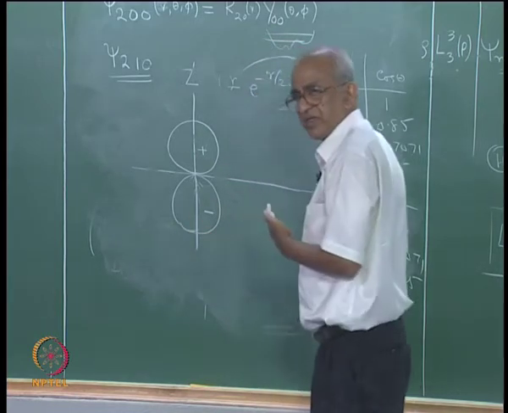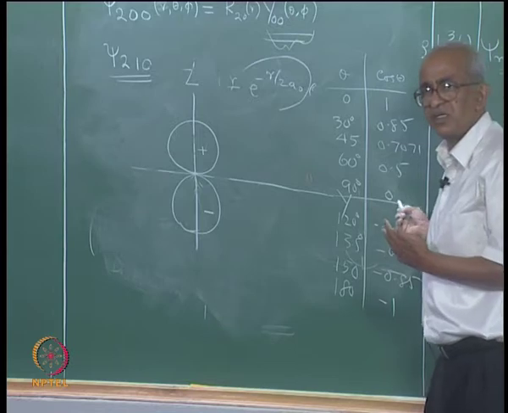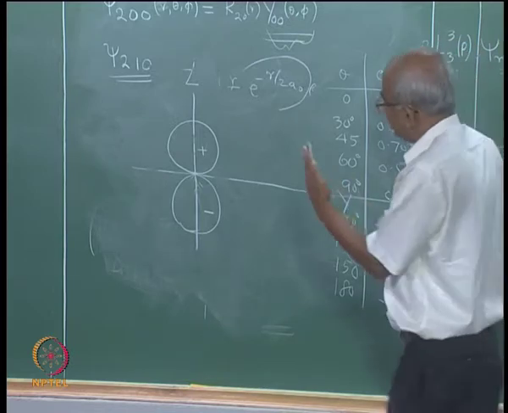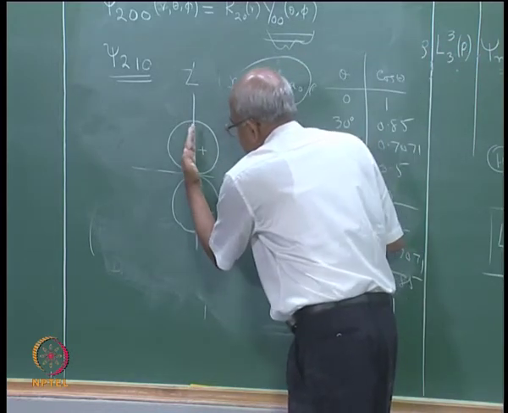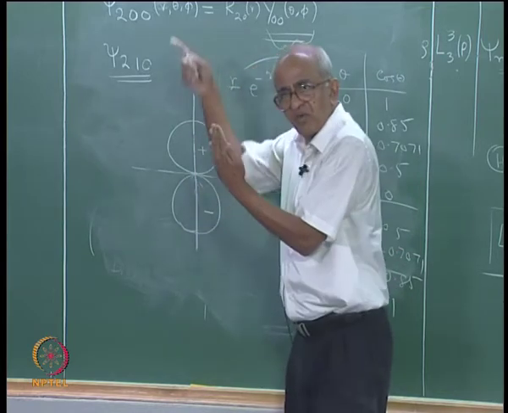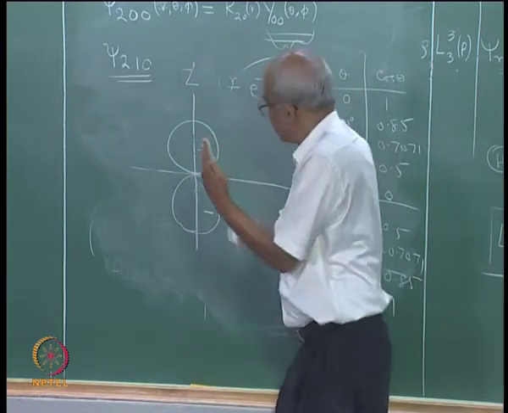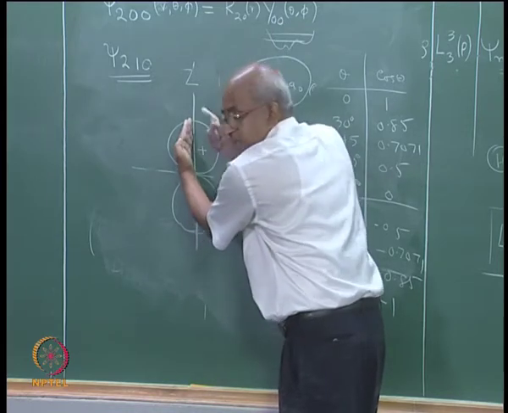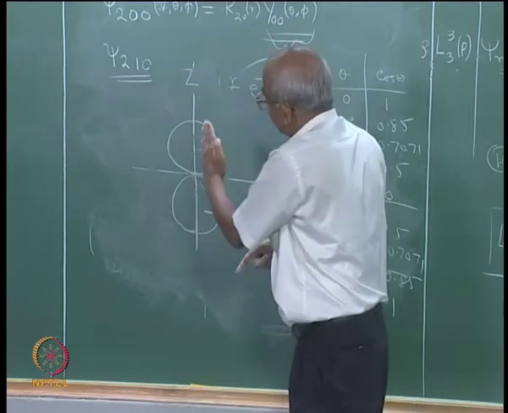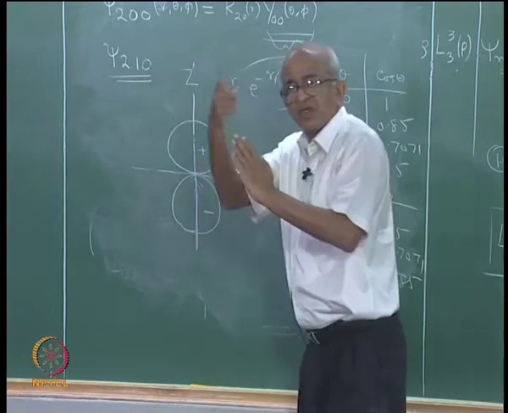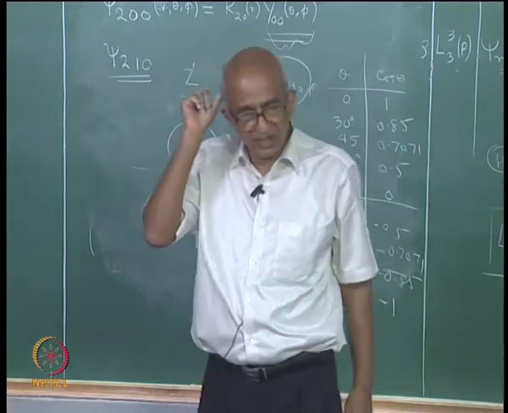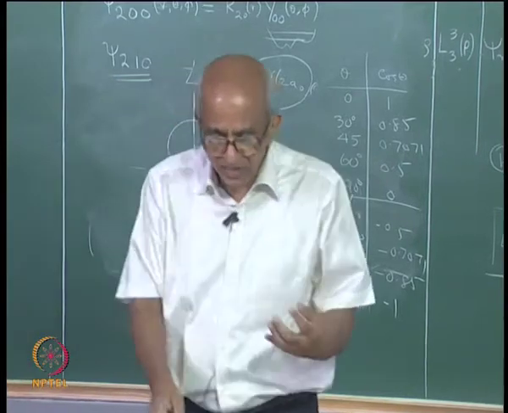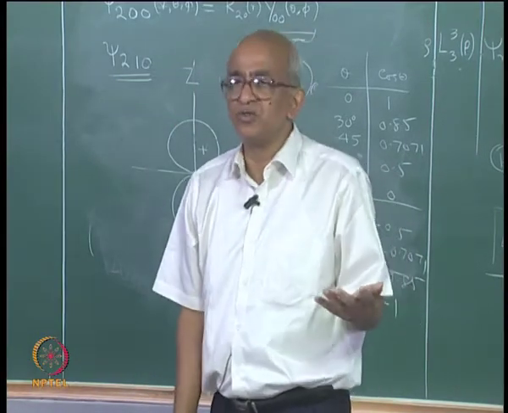But you look, the function has no dependence upon phi. So therefore, if you made this plot in the XZ plane, what will happen? The plot will appear similar. In fact, if I put my hand here and plotted it, it is going to look like that. And not only that, even if you had a plane like that, the function will look the same. So therefore, if you wanted to get the actual 3-dimensional appearance of the plot, what should you do?